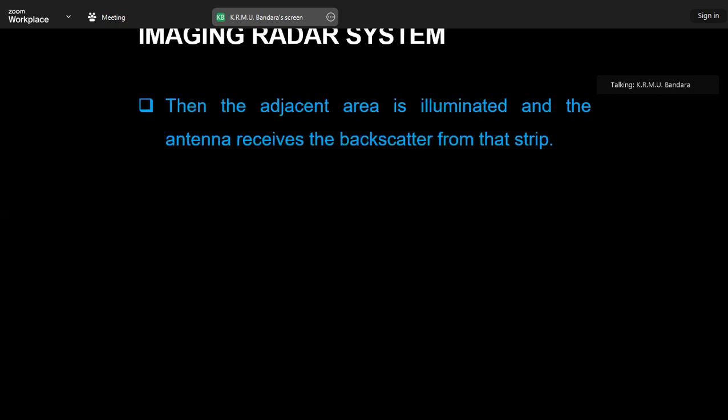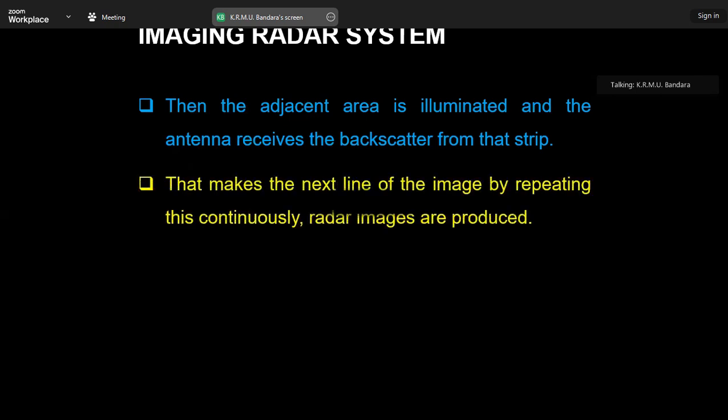Then the adjacent area is illuminated. This is the adjacent line, and the antenna receives the backscatter from that strip. That makes the next line of the image. By repeating this continuously, radar images are produced, scanning line by line, pulse by pulse.